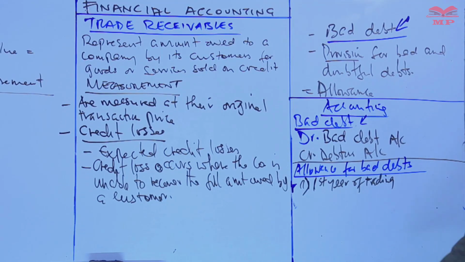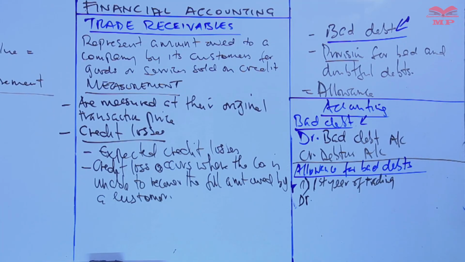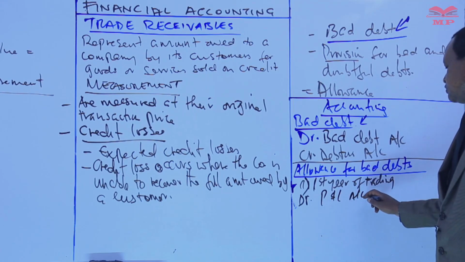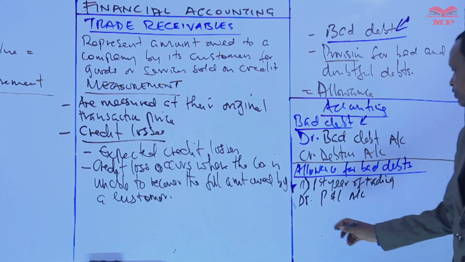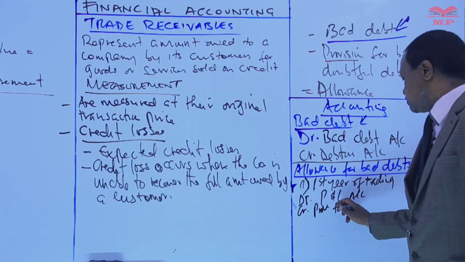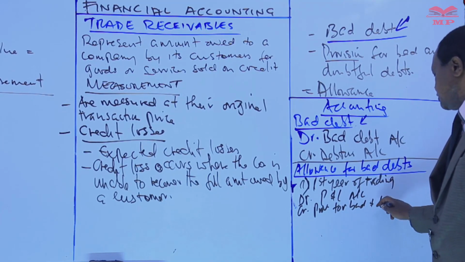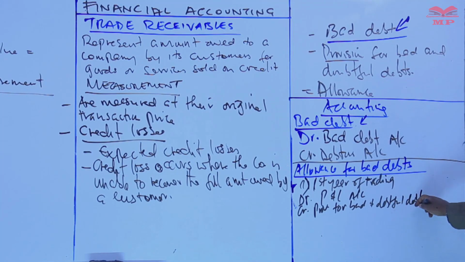So for the first year, we debit profit and loss account as an expense. Then we credit provision or allowance for bad and doubtful debt account.